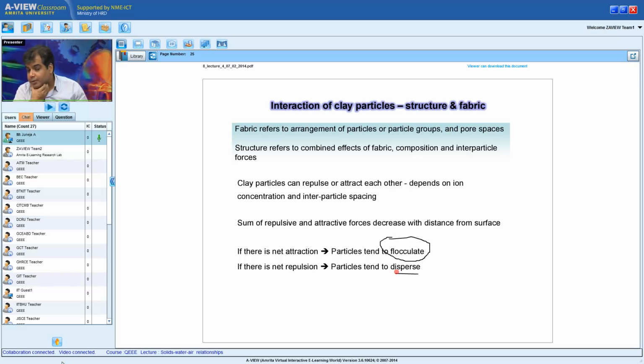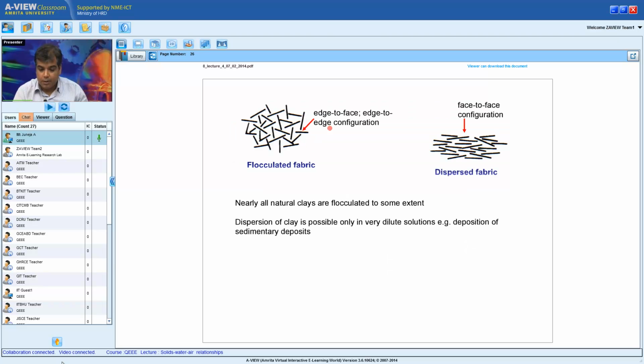So there are two arrangements, flocculated and dispersed. And remember, these two are just arrangement of the particles, so we are only looking at fabric. These two represent the fabric. So we're looking at fabric in a way that the flocculated was one. Please look at this one. You have a flocculated fabric and a dispersed fabric.